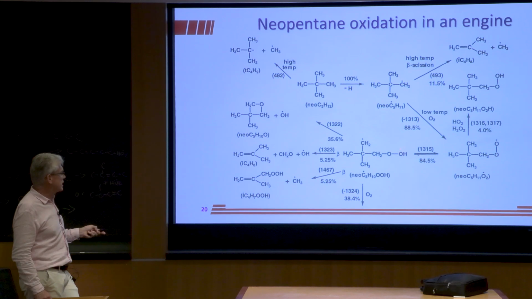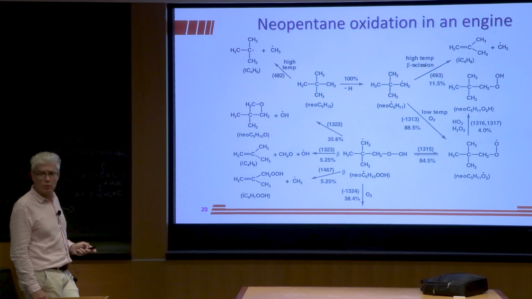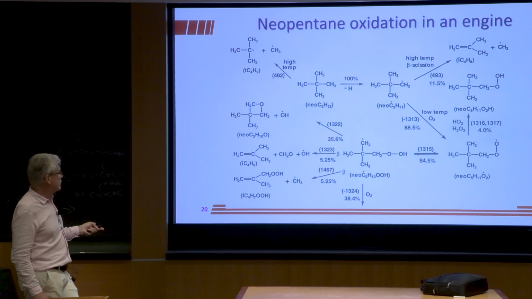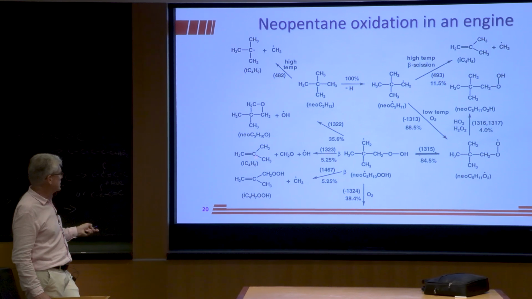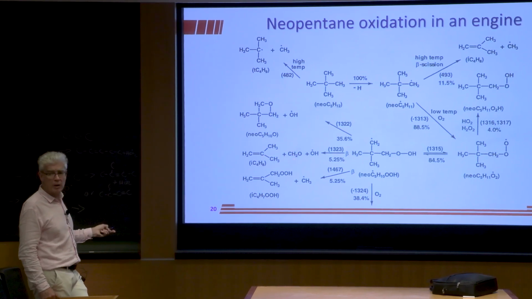We have 85% of every fuel molecule going to this hydroperoxy alkyl radical. But then less than 40% adds to O2 and goes to branching. We have the rest of it, whatever that is, 35, 45, almost 50% of the fuel, a lot of it going to the cyclic ether plus OH, and then about 10% giving these beta scission products.